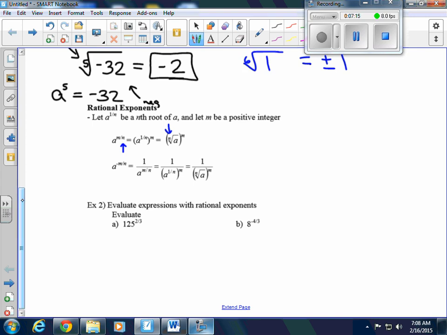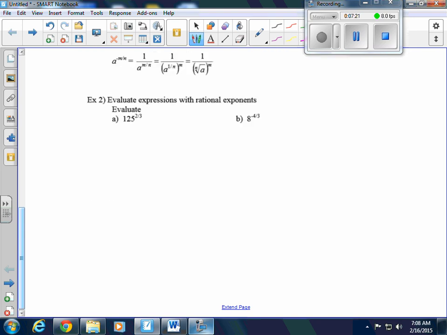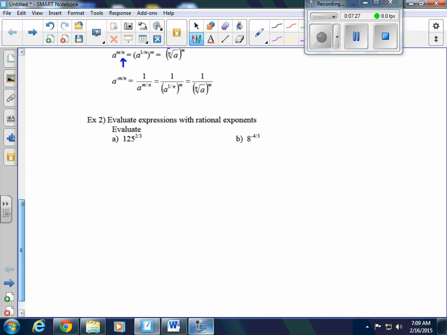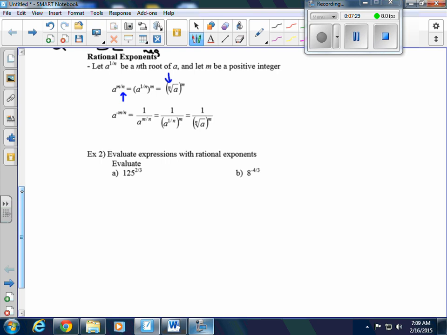So in example 2, they're going to ask us now to evaluate these expressions with rational exponents. And if we rewrite this like they do in the rational exponents, we can write 125 to the 1/3 power squared.